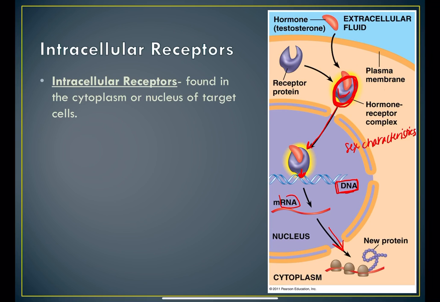And only cells that have a receptor that fits the signal can respond. Okay, that's also very important. So this is an intracellular receptor. It's inside the cell, potentially inside the nucleus, and oftentimes it will regulate gene expression, which means it's going to control what type of proteins are made.